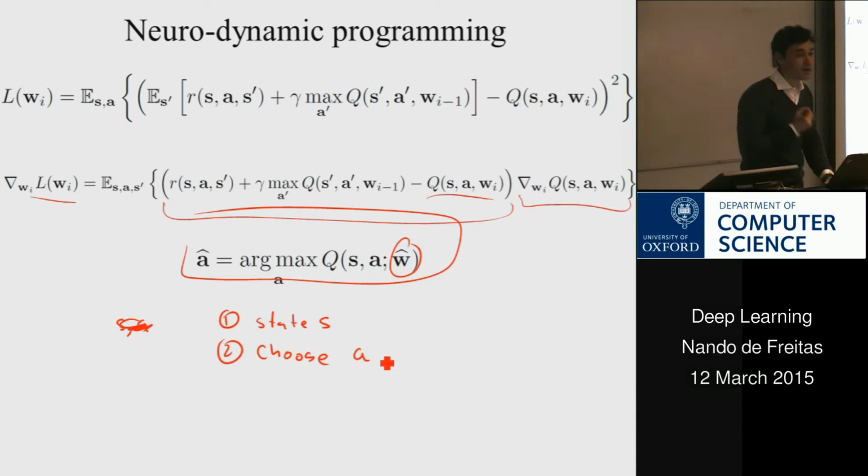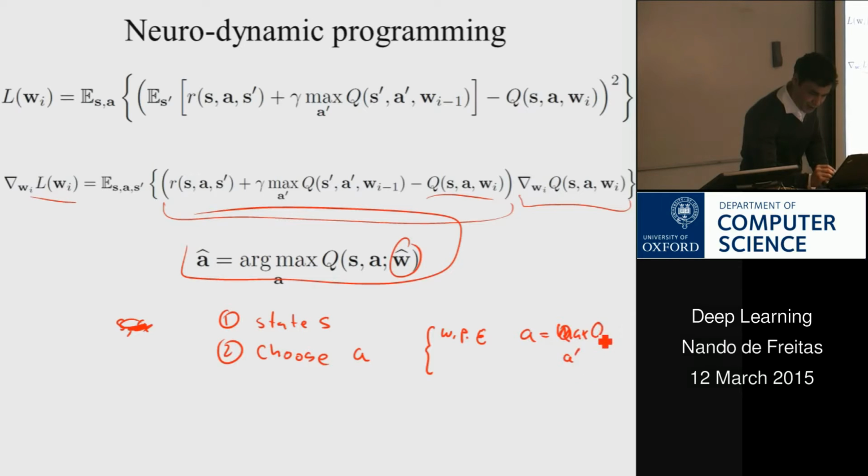One common strategy is the epsilon greedy strategy. The epsilon greedy strategy basically says with probability epsilon, a is the max over a prime of Q of s comma a prime.